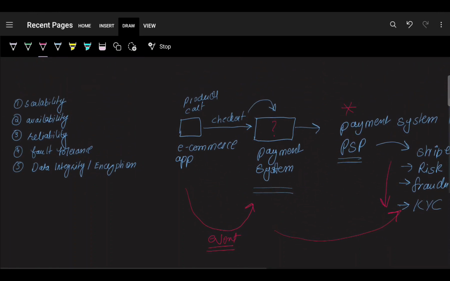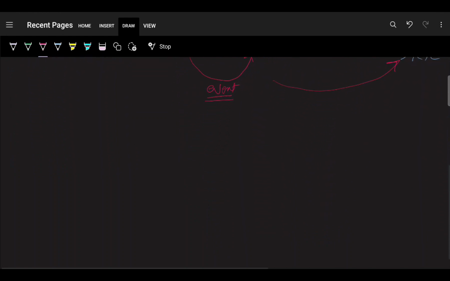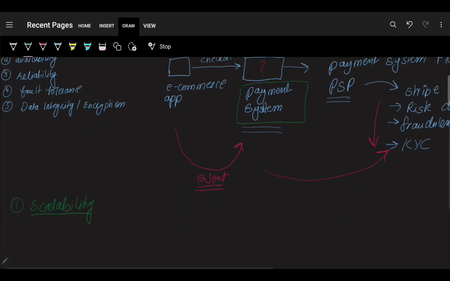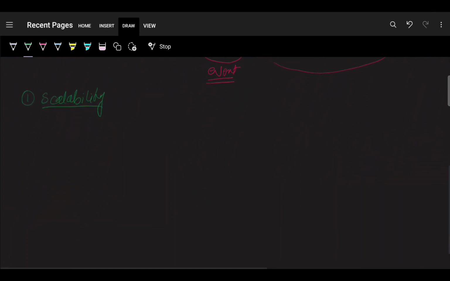So we'll start with scalability. Now, since we're talking about scalability, we know that the payment service in general would exist as an independent service within the whole architecture. So how do we go about it?